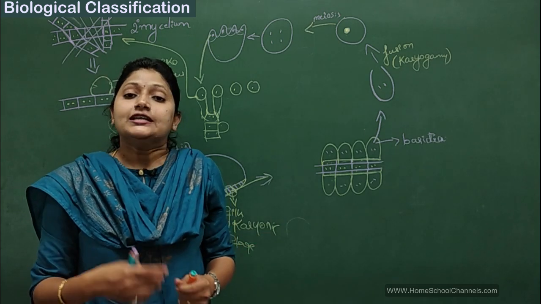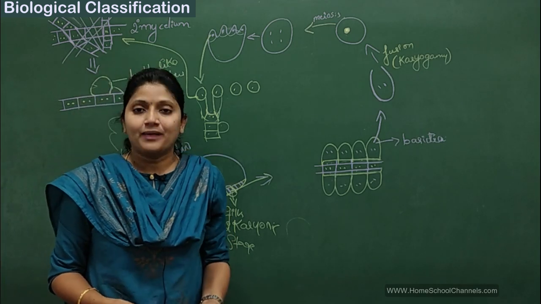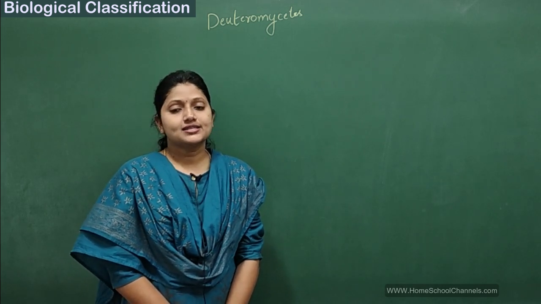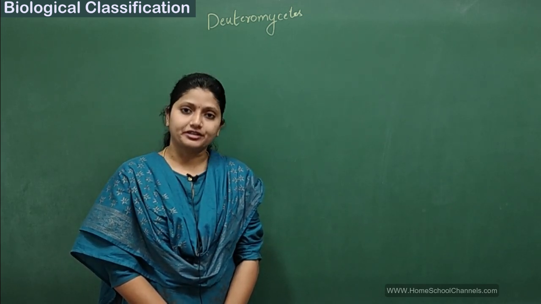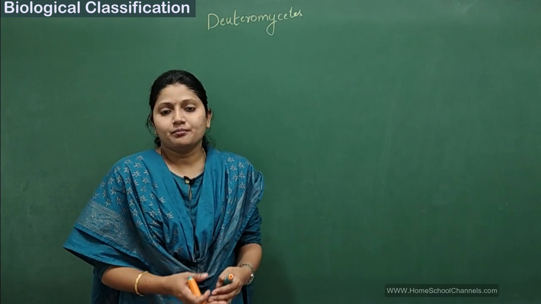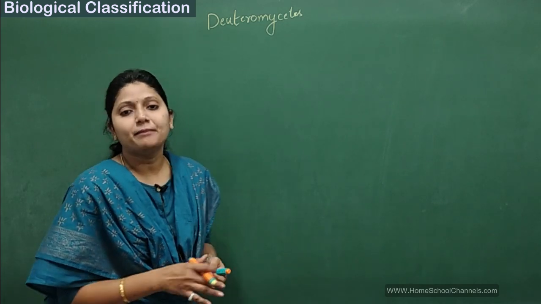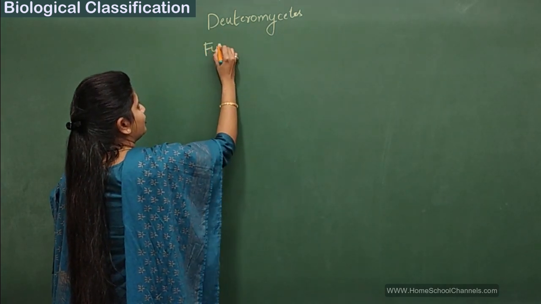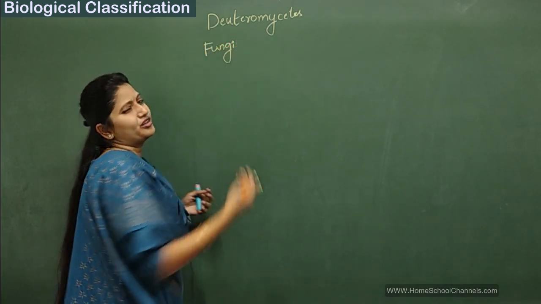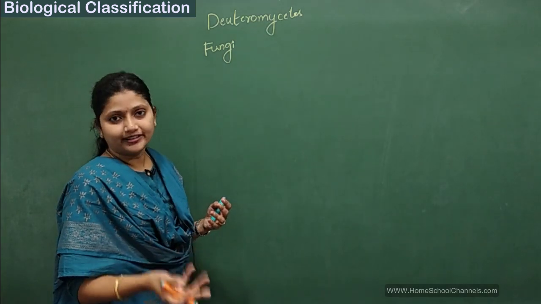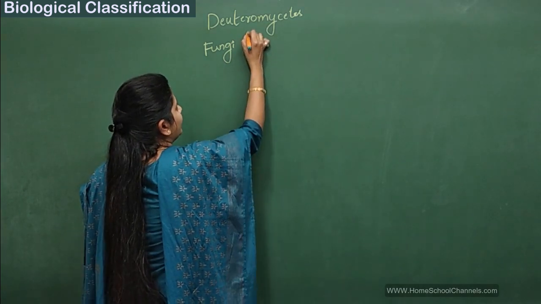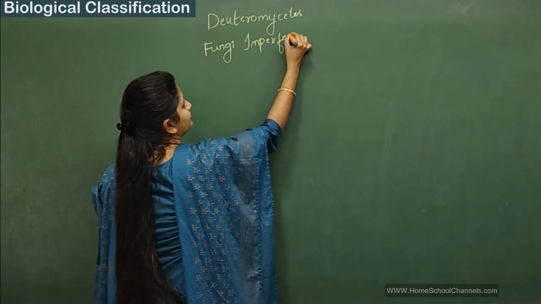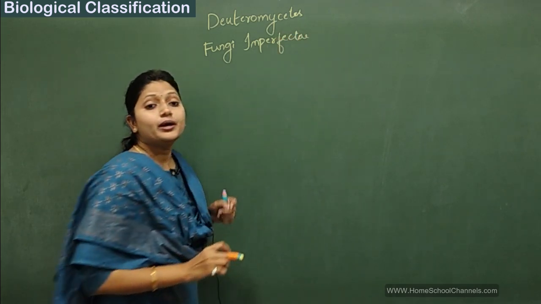Alright. So, next one is the Deuteromycetes. Deuteromycetes is another class of the kingdom fungi, and these are mainly called fungi imperfecti, or fungi imperfectae.